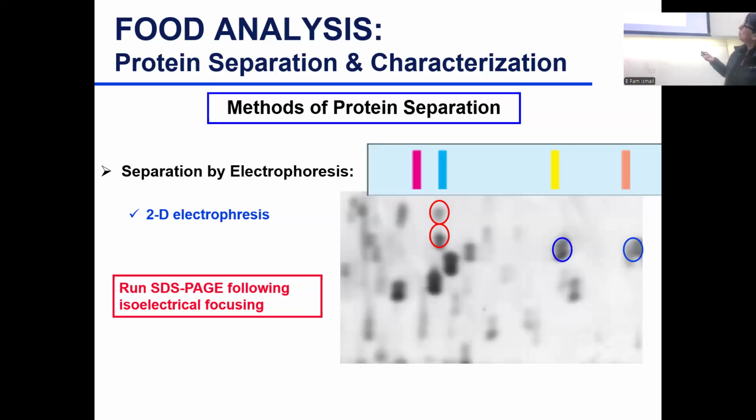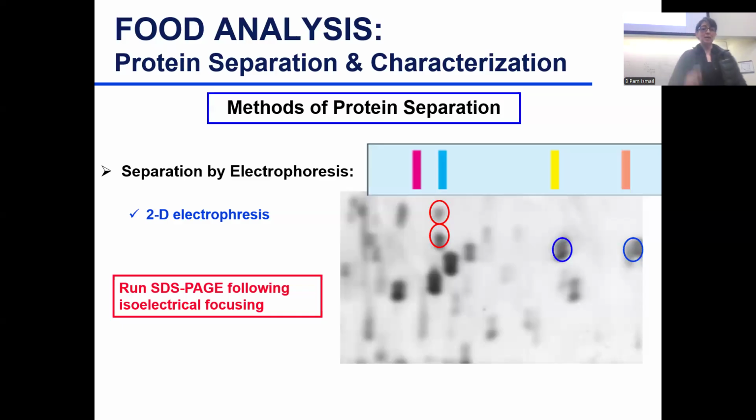So if you look at the blue band, if you think it's one protein, it's separated into two proteins of different molecular weight. If you look at the yellow and the orange, they had the same molecular weight, but separated based on their isoelectric point. So if you run one or the other, these proteins would not have been separated.